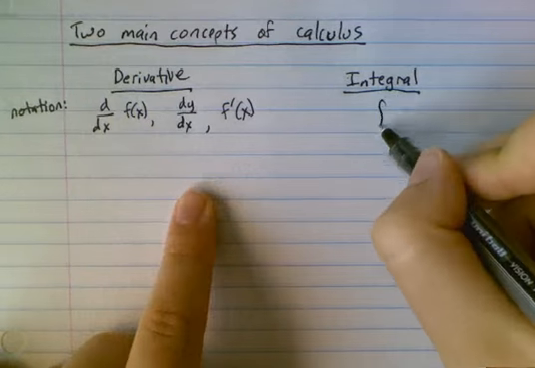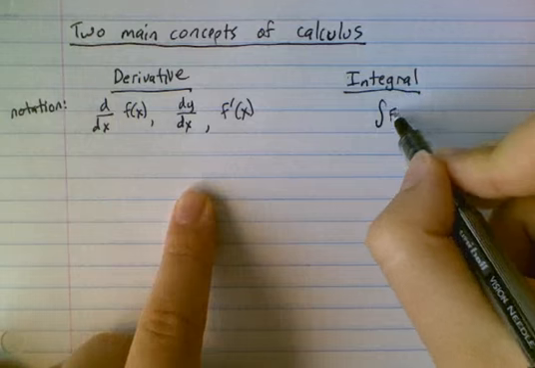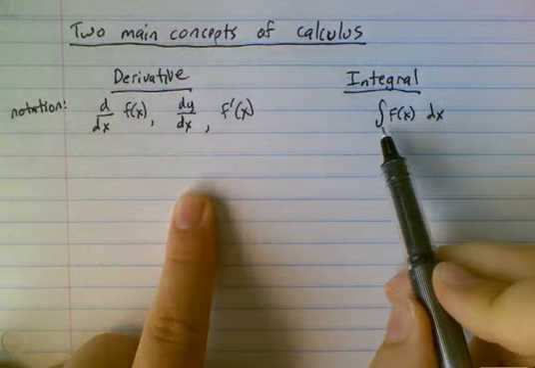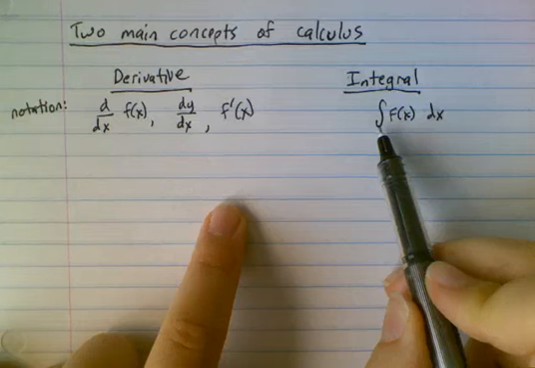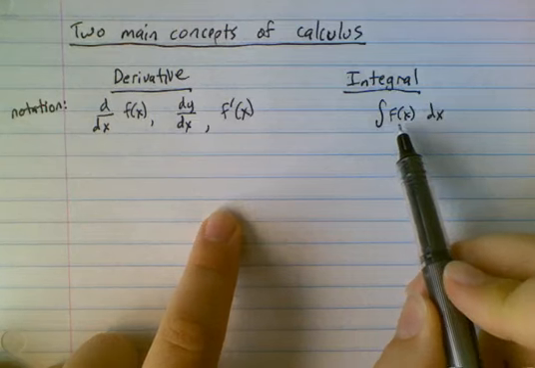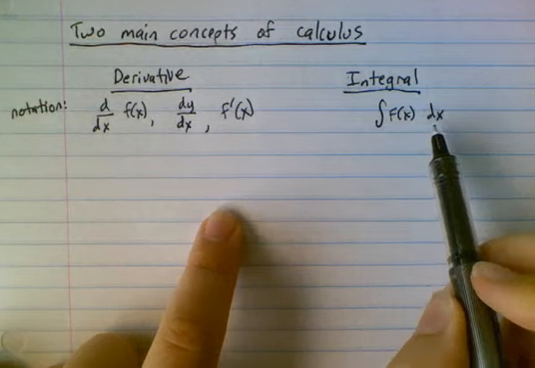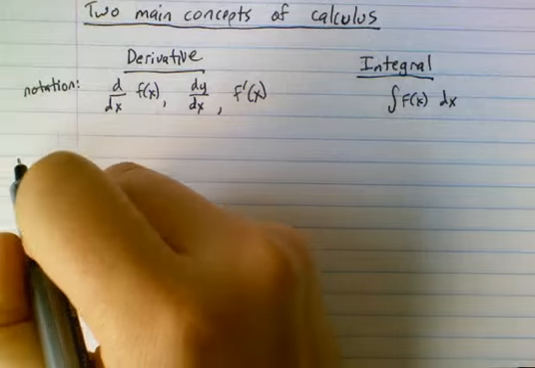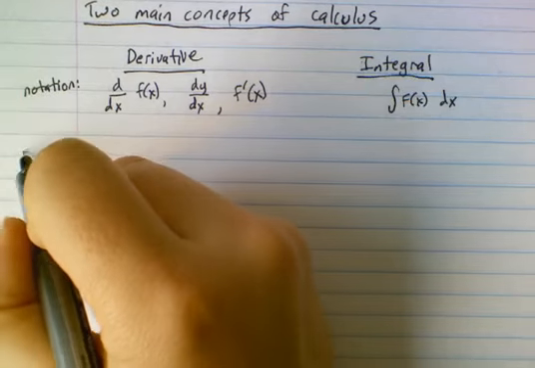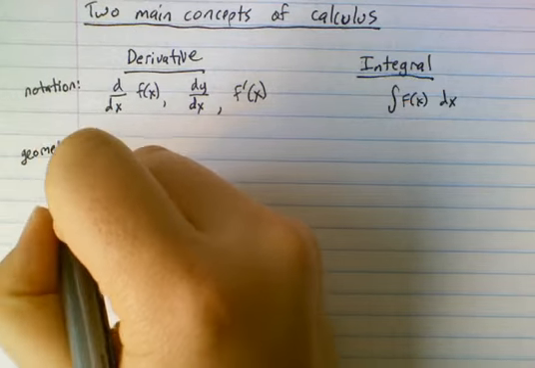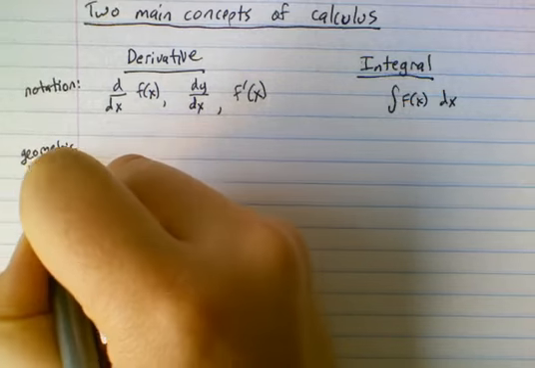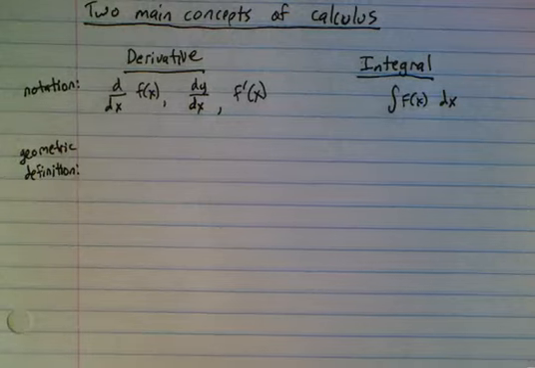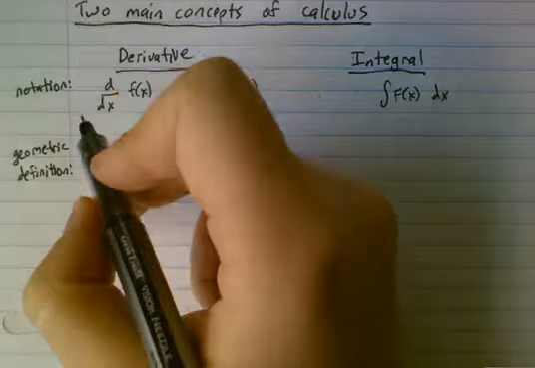The integral really only has one notation that's left at this point. This would be read the integral or the antiderivative of f of x dx. We're going to start with the geometric definition of each of these.